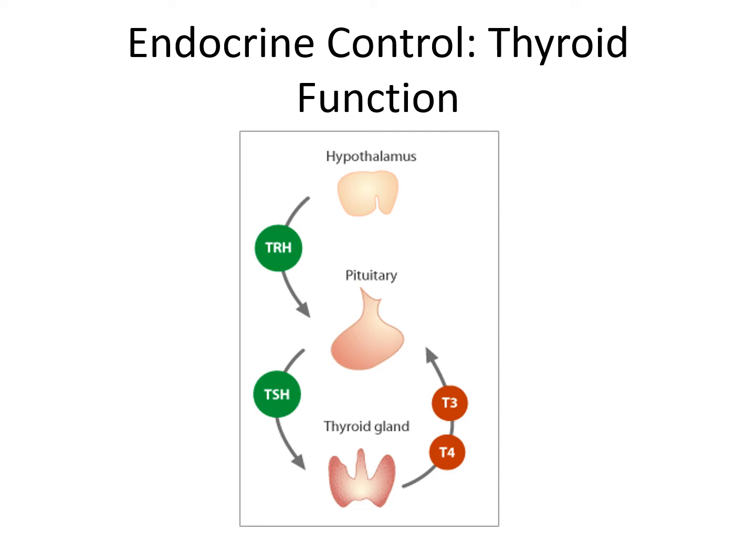However, before it can release the TSH, it needs permission from the hypothalamus. So when this TRH is released, TSH will also be released, and TSH will target the cells of the thyroid to produce these two hormones.